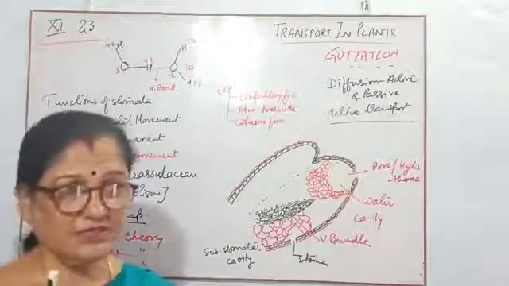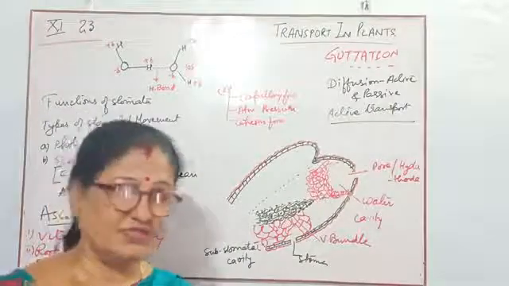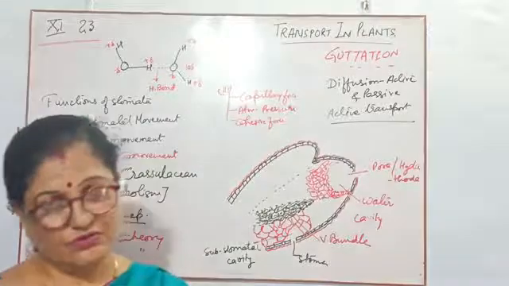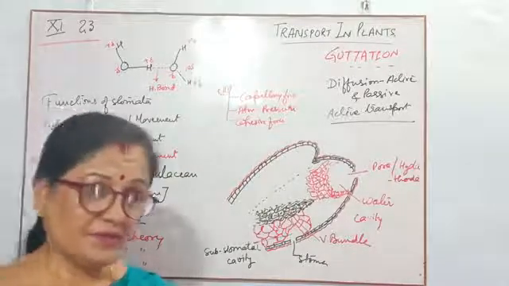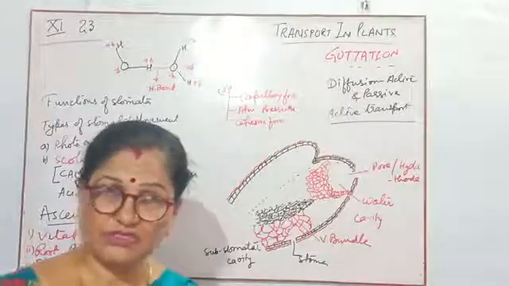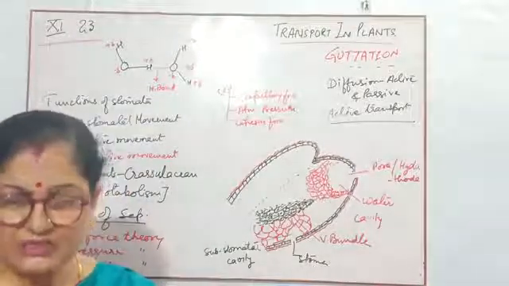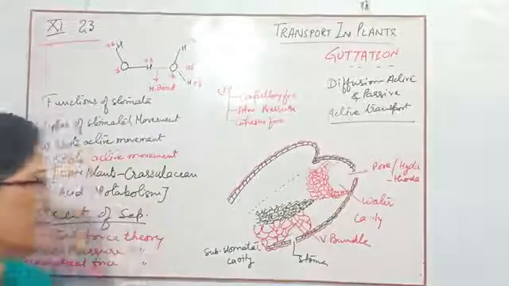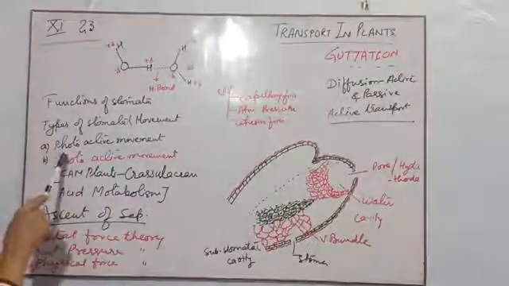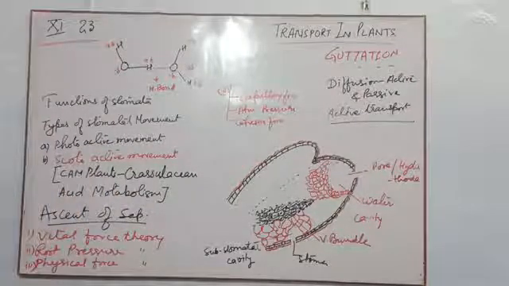One or two reasons I told you: when there is more carbon dioxide, stomata get closed; when there is more temperature, then also stomata get closed to maintain their chloroplast. So now there are two types of movement found in stomata.